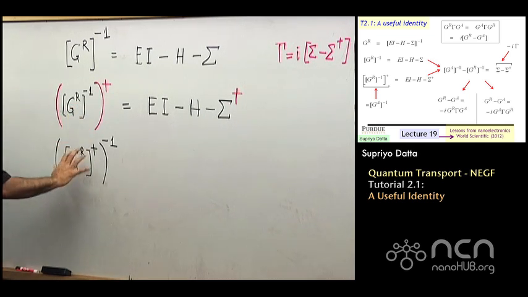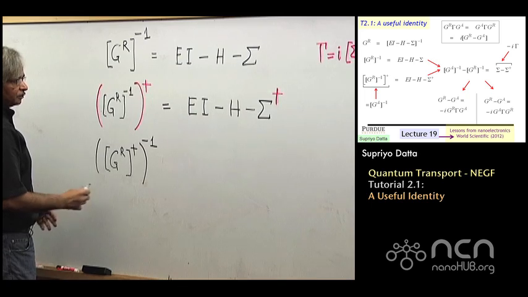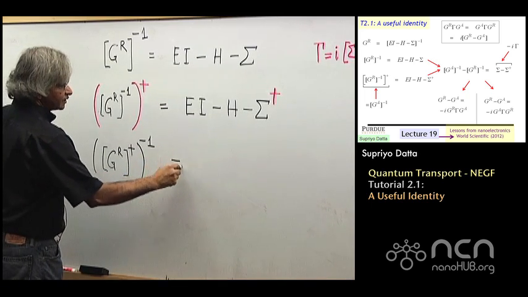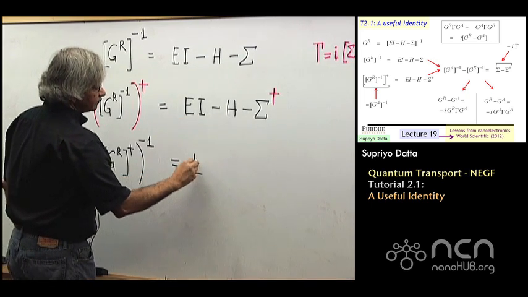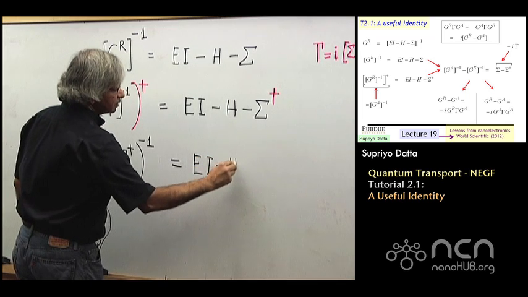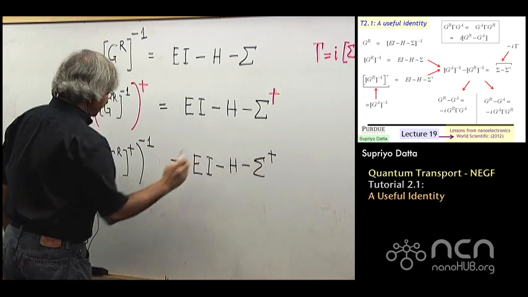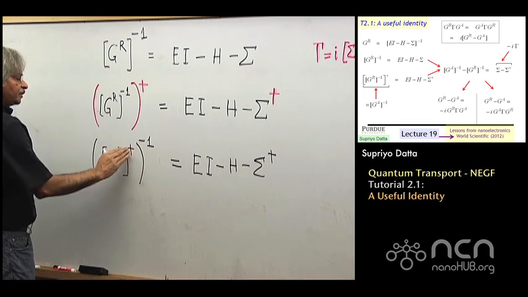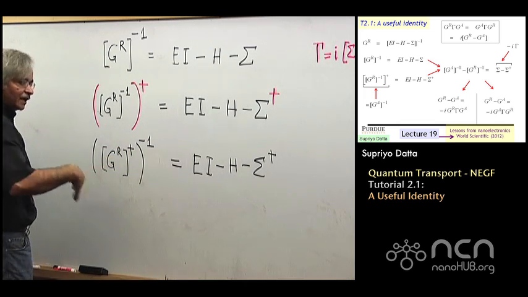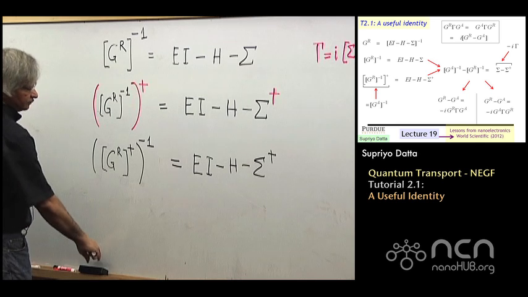Okay? But if you accept that, then the point to note is that that's equal to EI minus H minus sigma dagger. Same thing here. And conjugate transpose of GR, that's what we have called GA. See?